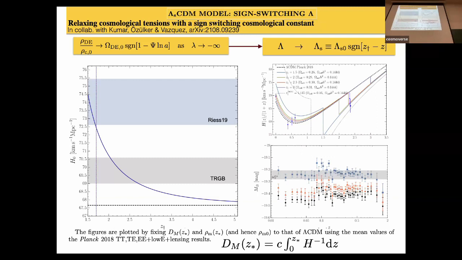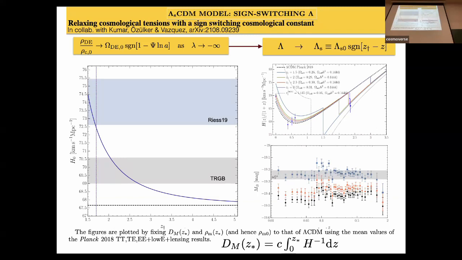Okay, we did it. You see, these black ones are for ΛCDM, but these are for ΛsCDM. So it means that we solve H0 in this model, we automatically solve also the absolute magnitude tension.